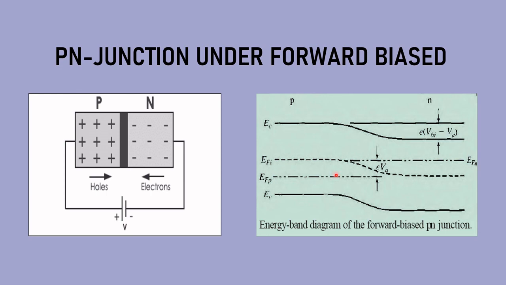So the barrier potential is reduced by the applied voltage, and that is equal to eVbi minus VA. So this is the basic concept of the energy band diagram of the forward biased PN junction.